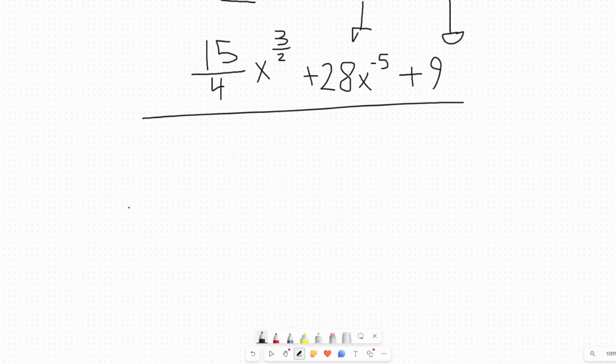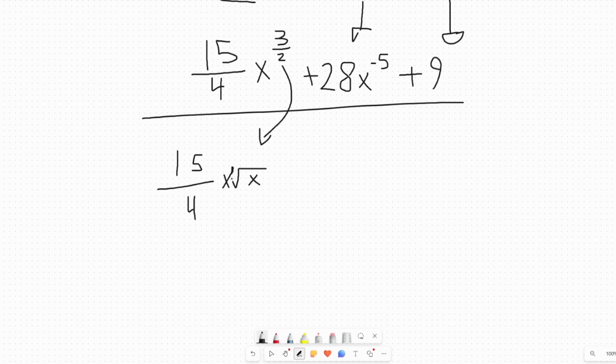So you can simplify it if you want as 15 over 4 x times root x, because x to the 3 over 2 is just x to the 1 times x to the 1 over 2. And when you're multiplying, you just add the exponents.